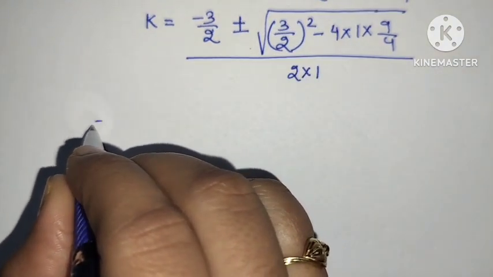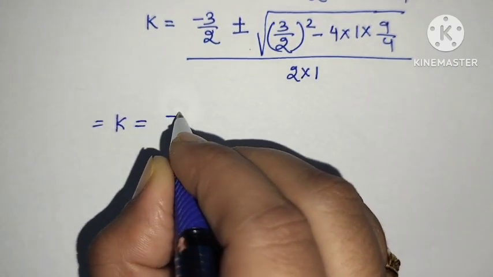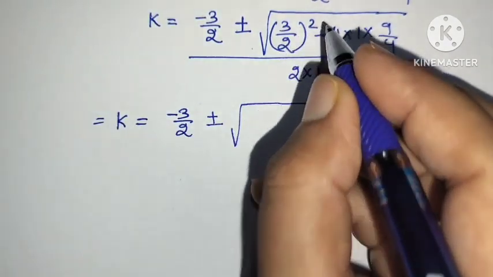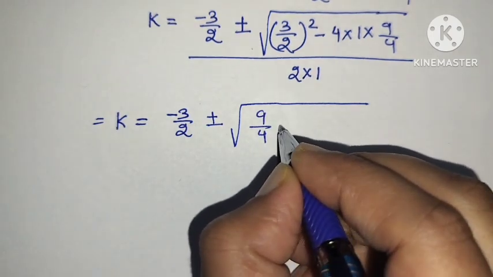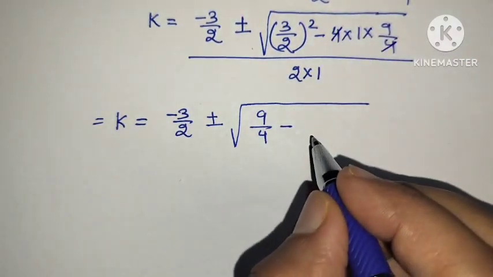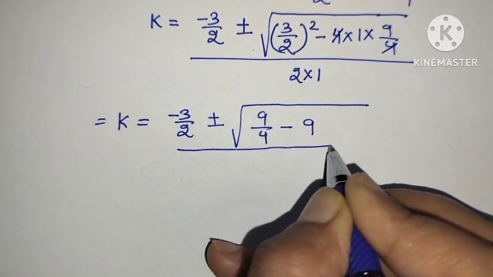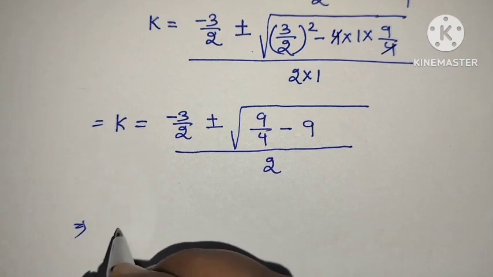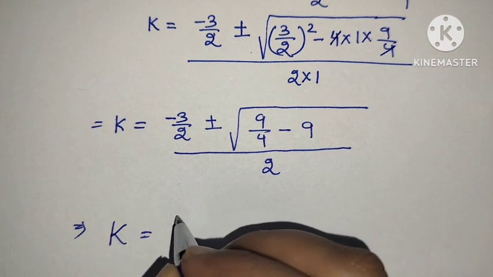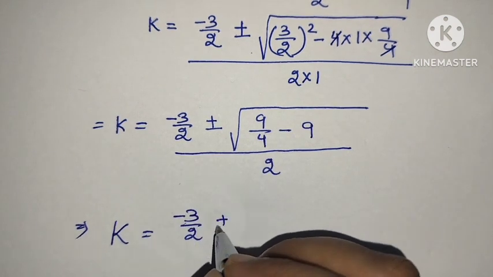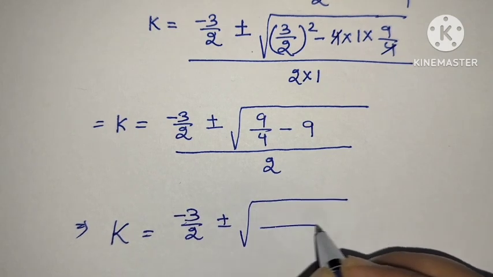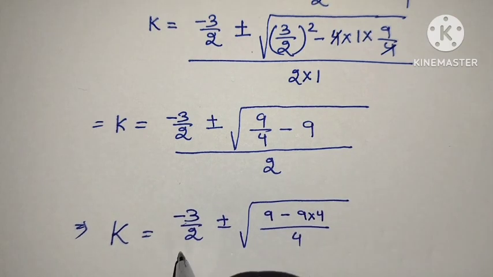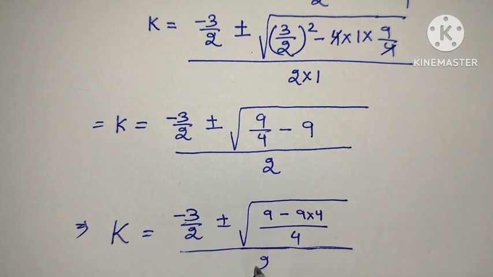Then the next step is k is equal to minus 3 by 2 plus minus root over of (3 by 2) square, it is 9 by 4, minus 4; the 4 and 1 by 4 cancel. Then divided by 2. Yes, then the next step is k is equal to minus 3 by 2 plus minus root over of, with 4 as LCM, 9 minus 9 into 4, divided by 2.